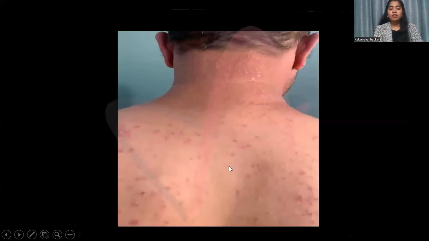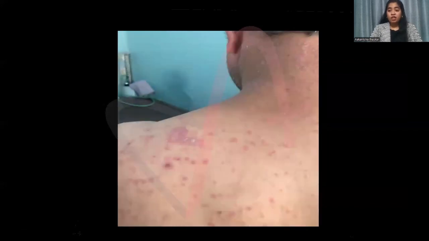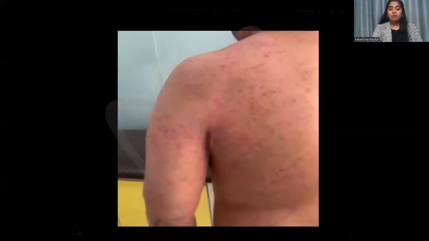So these are the eruptions of the patient after making him aware about his disease, making him understand the exact cause of disease, and after prescribing him the medicine. Now here you can see that his eruptions have completely gone.